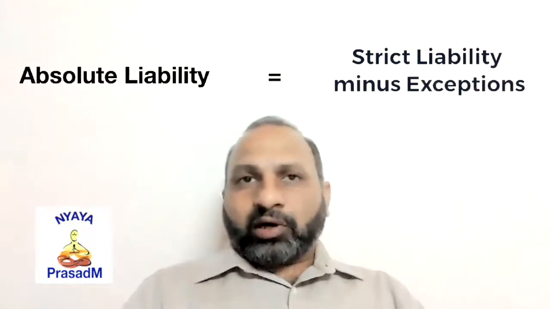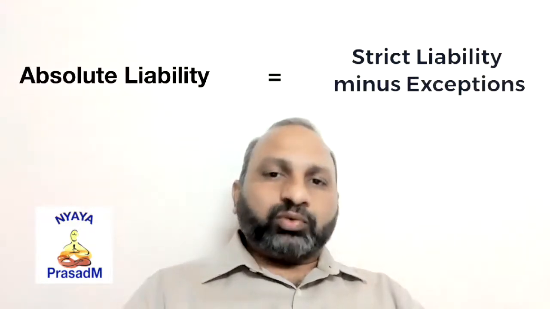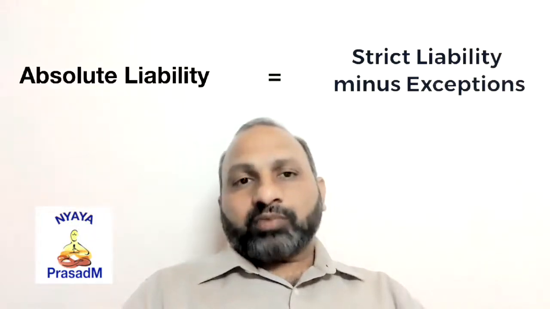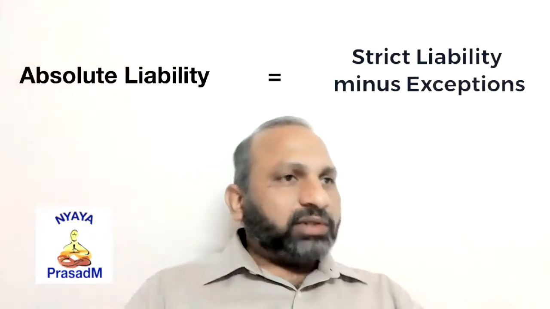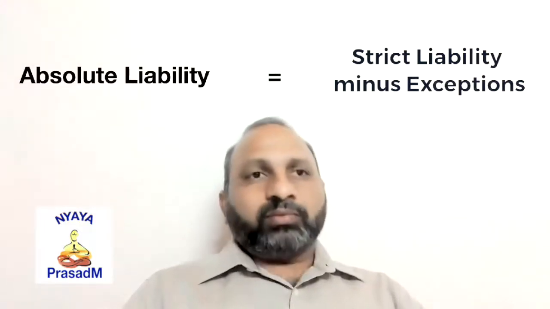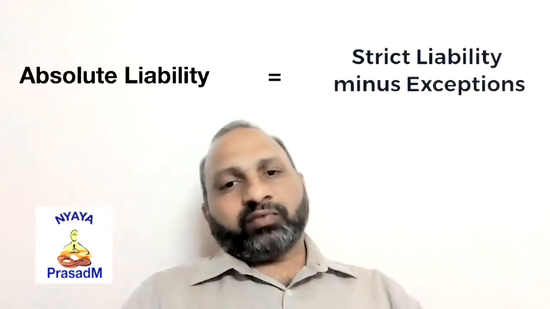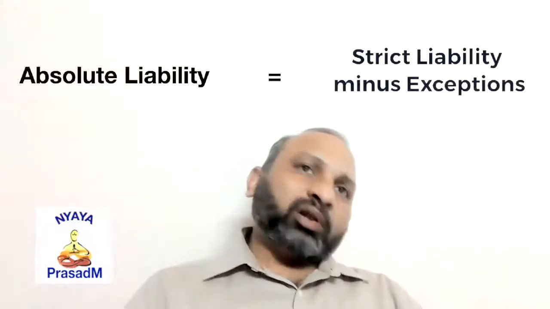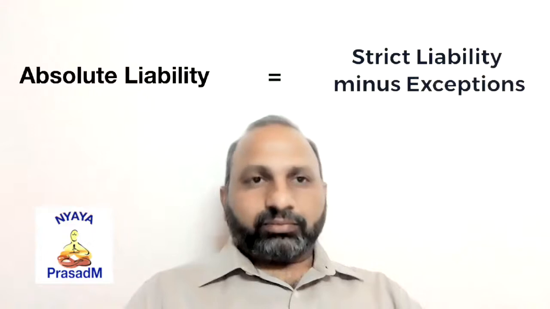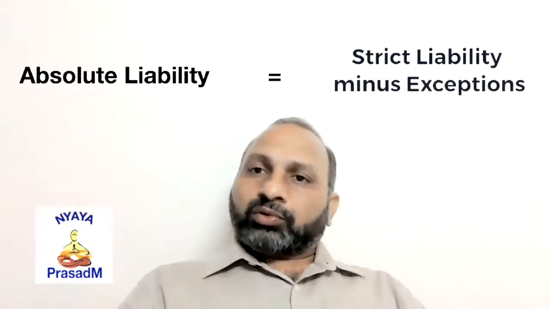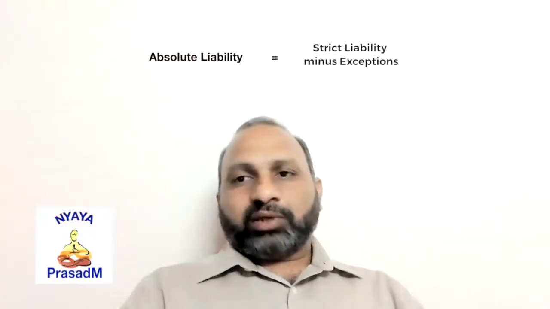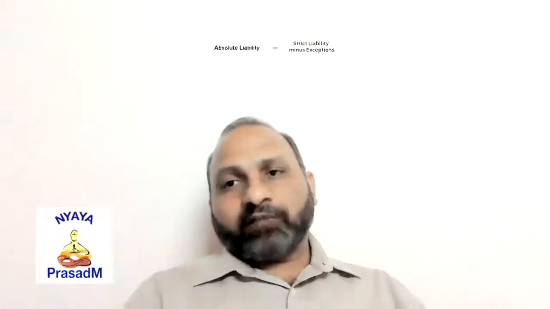It need not be the occupier's own land either. This absolute liability was popularized and highly debated in the case of MC Mehta versus Union of India, with respect to the Bhopal gas tragedy case. So, to make it simple, strict liability minus exceptions is absolute liability. We made everything pretty simple now. Thank you.